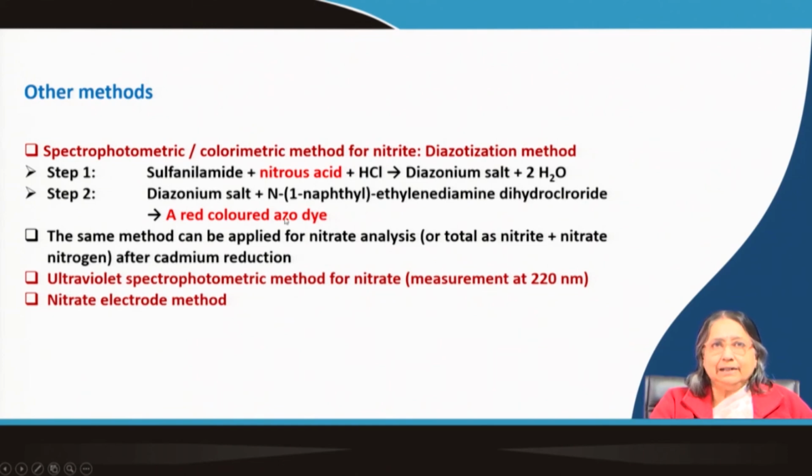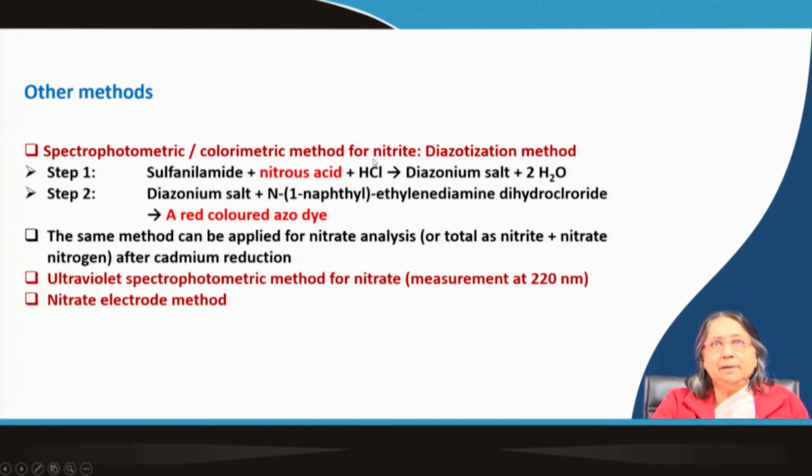Ultimately this is the colored compound that will be formed, and you can measure the absorbance in the spectrophotometer. So, basically it is a very quantitative method, you can use it. The same method can be applied for nitrate analysis, or total nitrite plus nitrate nitrogen after cadmium reduction.